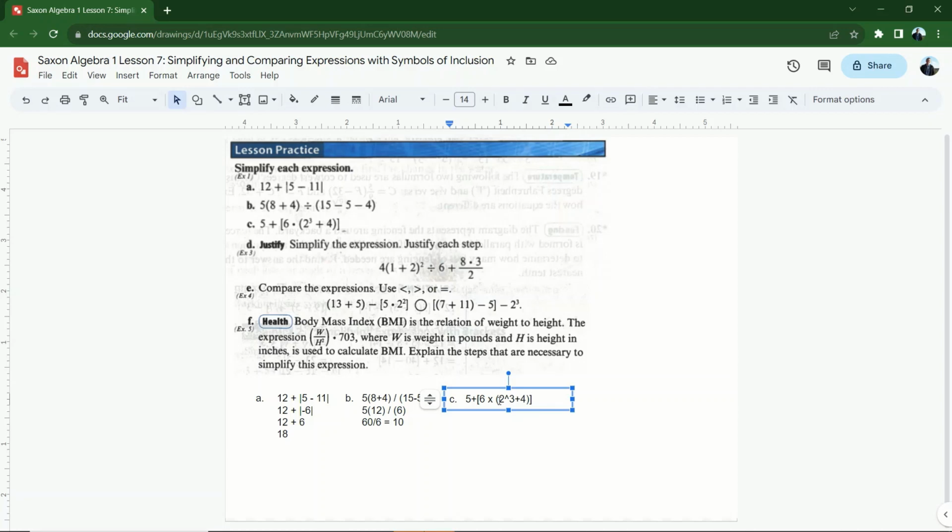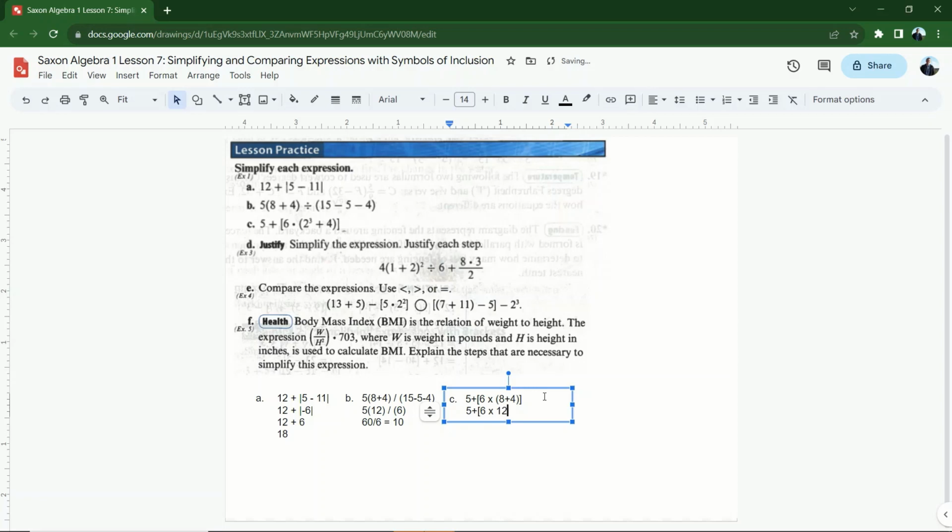And within those parentheses, I have to do order of operations. Exponents, 2 cubed, gets done before addition. So this is going to change into 8 plus 4, which is going to simplify to 12. So I'm going to be left down below here with 5 plus 6 times 12.